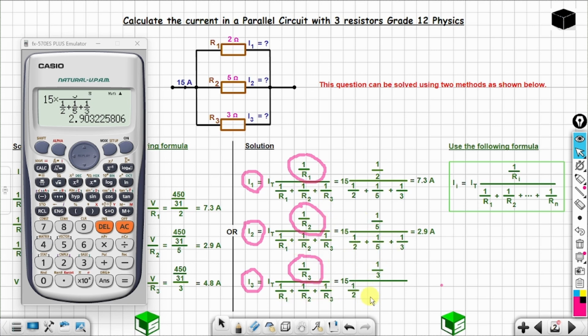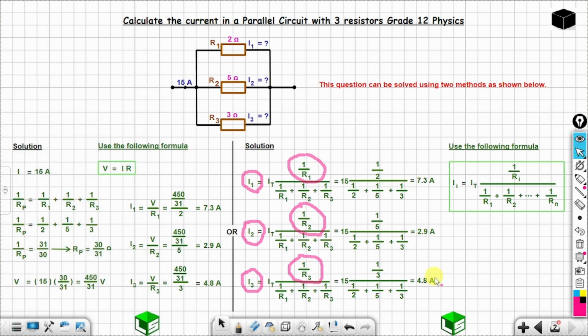You are going to have 4.8 amperes. Can you see the same values? So we are done with this question.